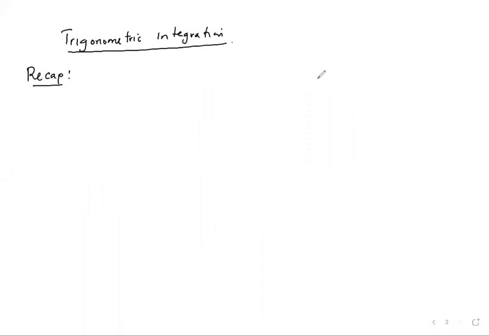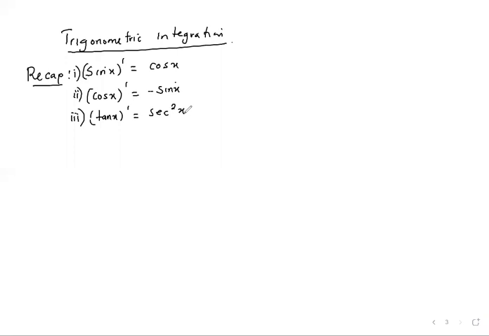Okay, so first, before we integrate trig, maybe we can recap on the derivatives. So I was saying the derivative of sin x is actually cos x. 2, the derivative of cos x is minus sin x. 3, the derivative of tan x is sec squared x.